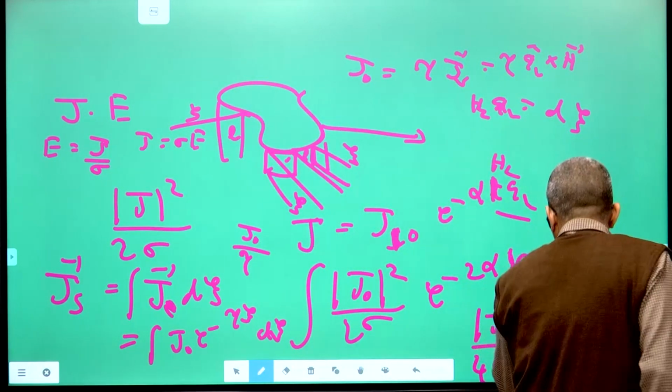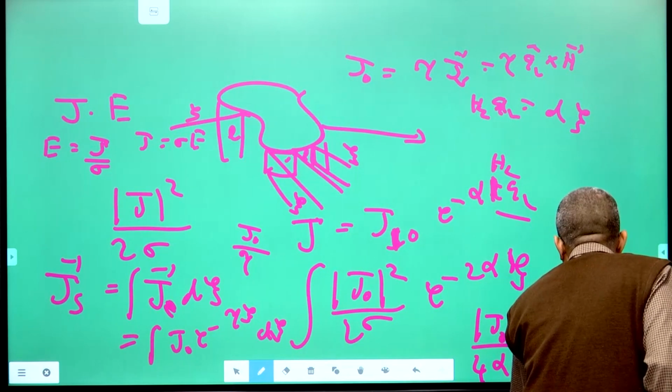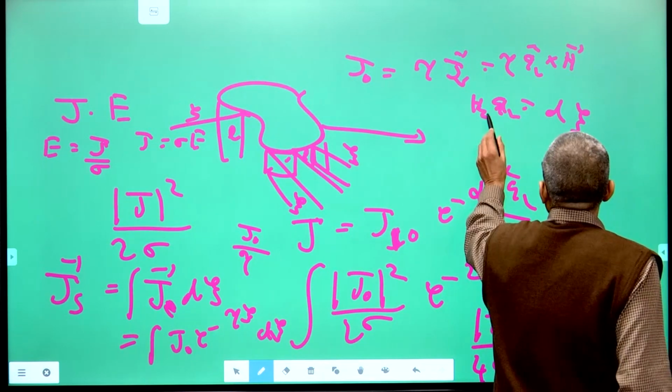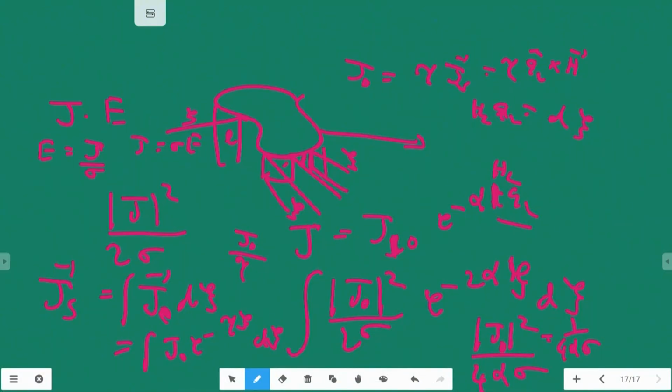So this is nothing but 1 by 4 alpha sigma times J naught, that will give you mod gamma square into mod H tan square, where mod H tan square is equal to mod H1 square plus mod Hz square.